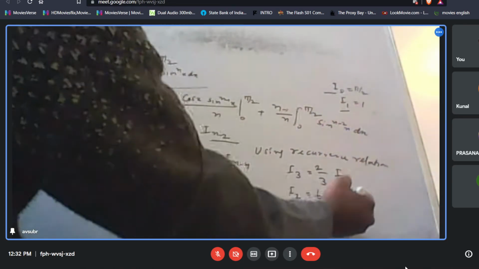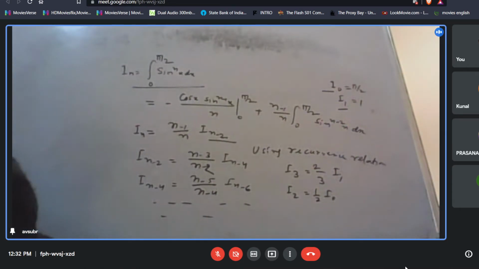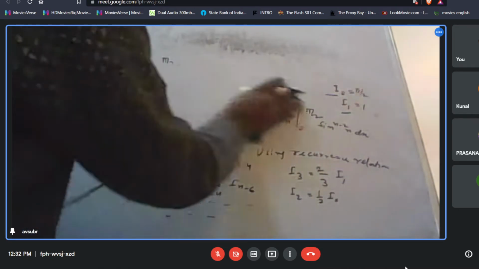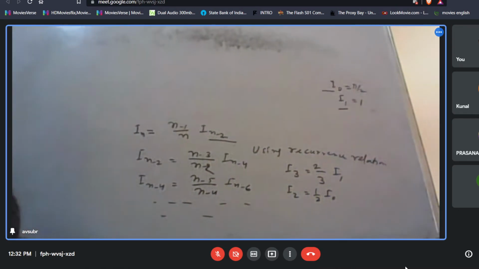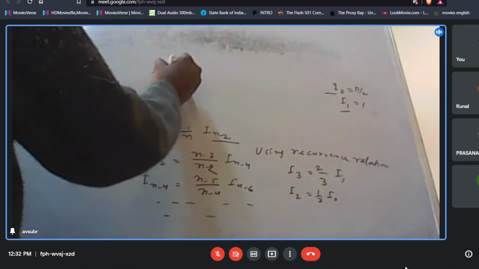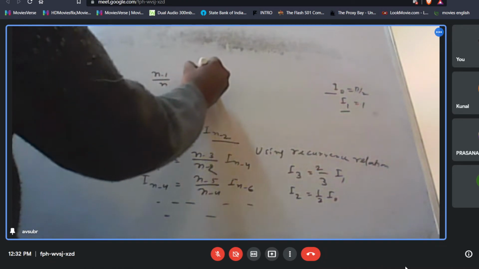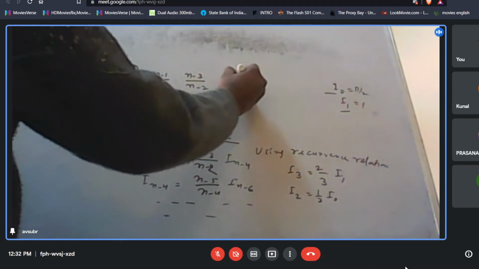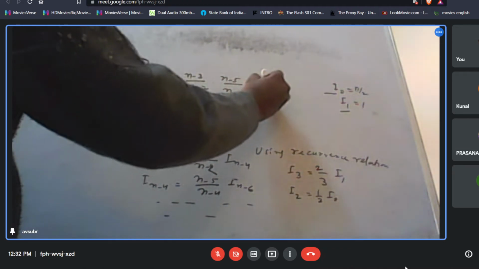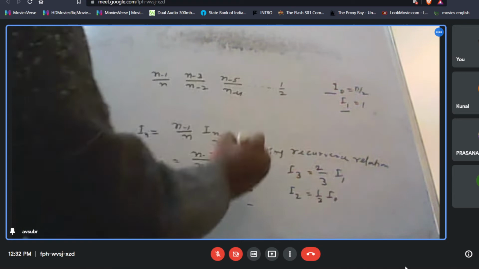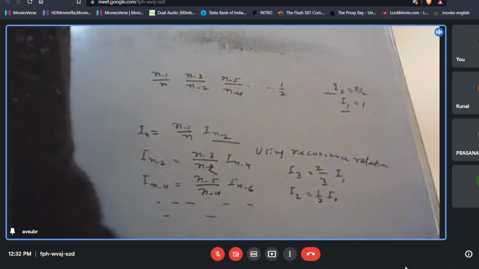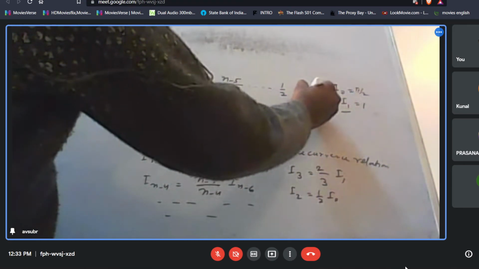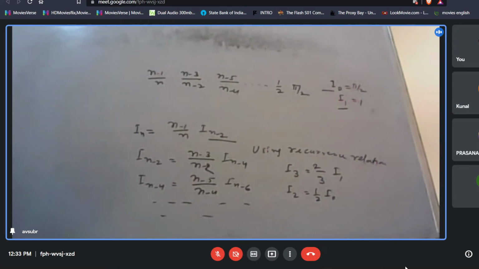So I will put those values over here also. What am I going to get? n minus 1 by n into n minus 3 by n minus 2, into n minus 5 by n minus 4, and so on, up to 1 by 2 into pi by 2 when n is even.